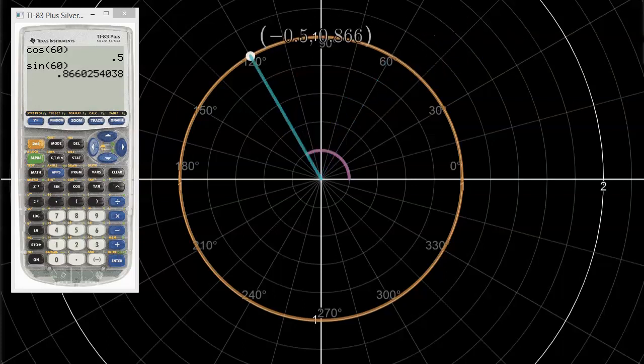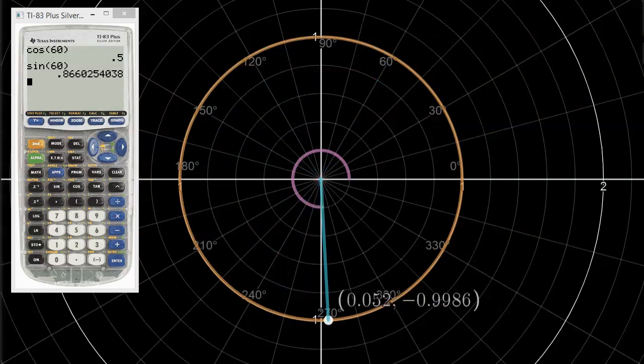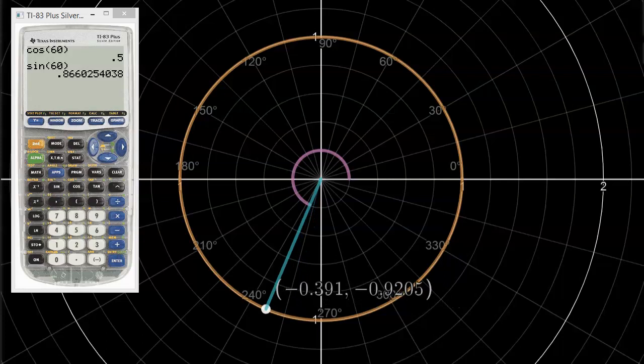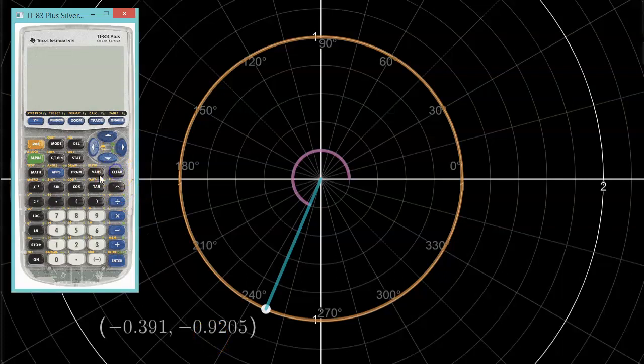Maybe I'll rotate into, say, the third quadrant, and maybe I will go with, let's say, 247 degrees. Okay, so it gives me the x-coordinate negative 0.391, y-coordinate negative 0.9205. Let's just check the cosine and sine of 247 degrees.